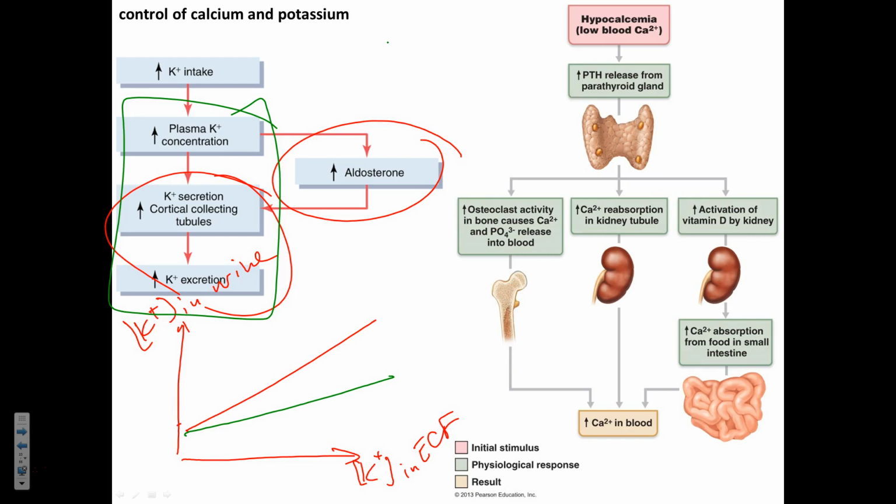Now, calcium. Hypercalcemia. Let's get it out of the way. If you are otherwise a healthy person, no underlying conditions, no endocrine pathologies, and you somehow manage to eat 2 pounds of chalk, your calcium levels in the blood will spike.